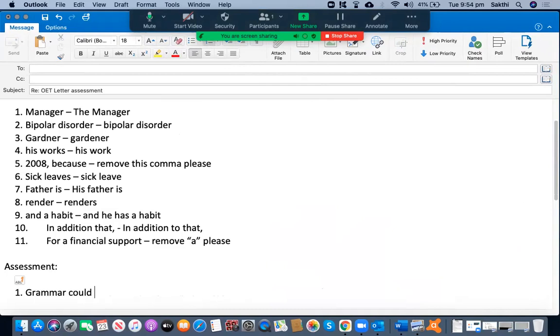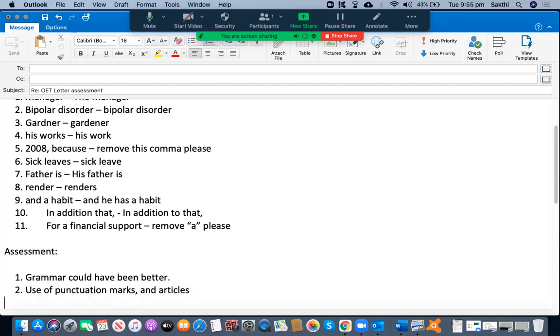Grammar could have been better. So you should have been using the words that can make it complete. Okay. Use of punctuation marks, articles, and articles could have been better, could have been improved.